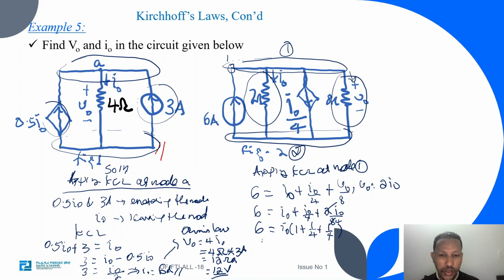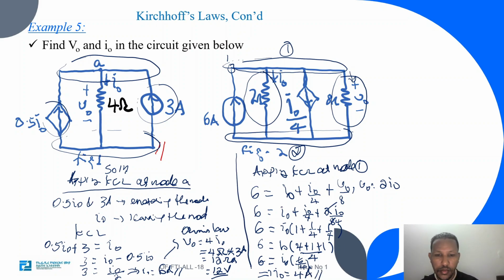So 6 is equal to I naught times (1 plus 1 over 4 plus 1 over 4), which is I naught times 6 over 4. So the 6 will be cancelled, and from this, I naught is equal to 4 ampere. So using this, I naught is obtained.